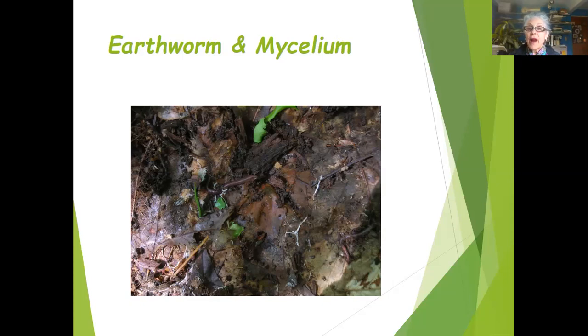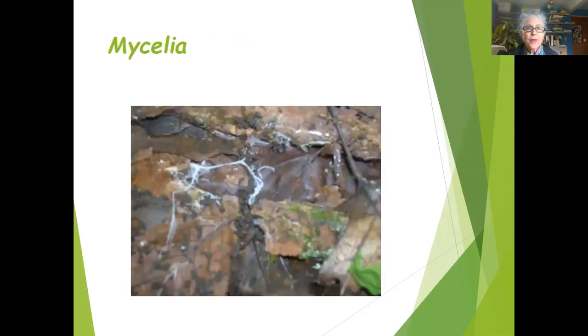environment. The white threads we see in this frame are called mycelia. They're also sometimes referred to as hyphae, fungal hyphae, which I mentioned earlier. These are the vegetative structures of fungi, and they're usually hidden from view in soil or under logs.